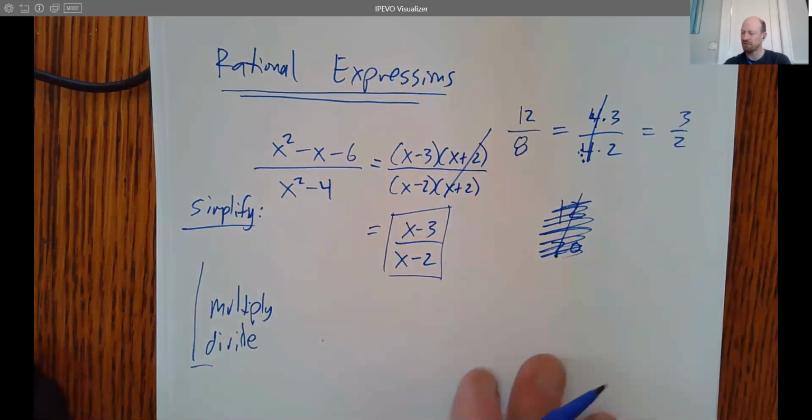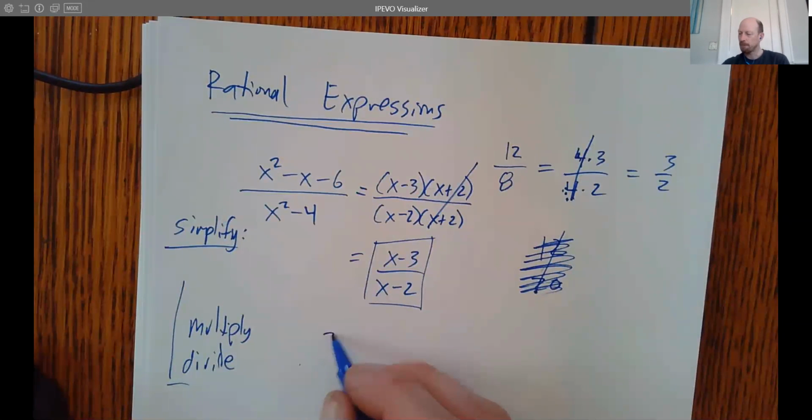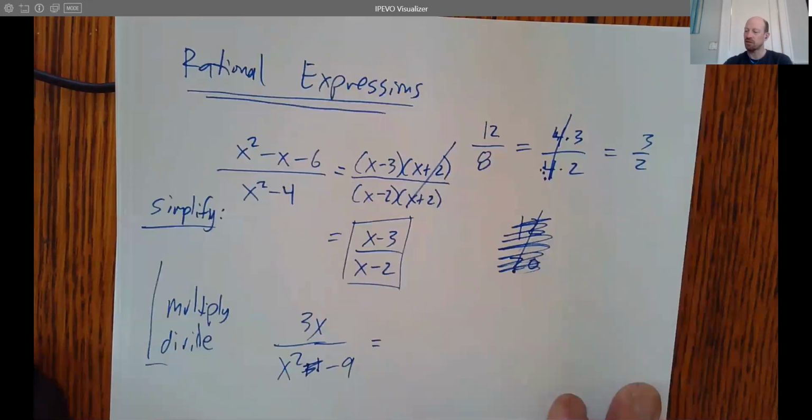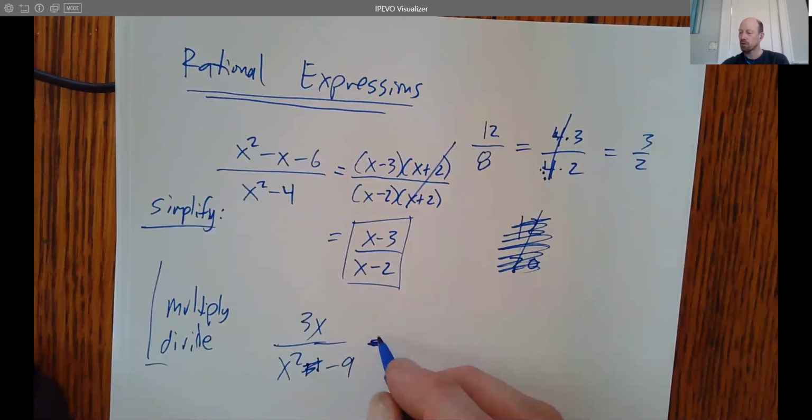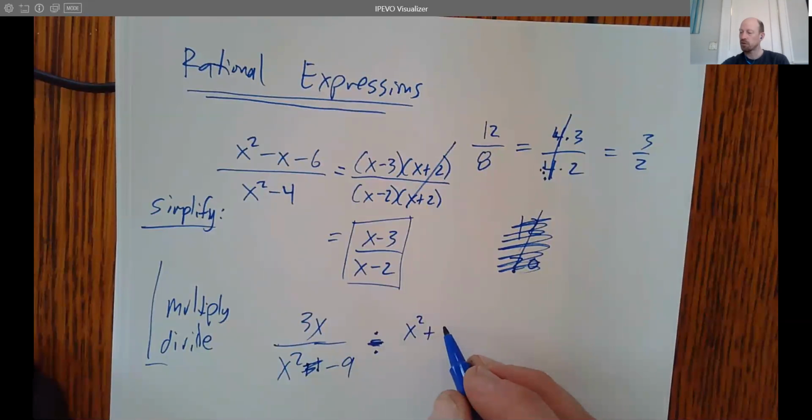So for instance, if I have to divide, let's try 3x over x squared minus 9, and let's divide that by x squared plus 2x over 5x minus 15.